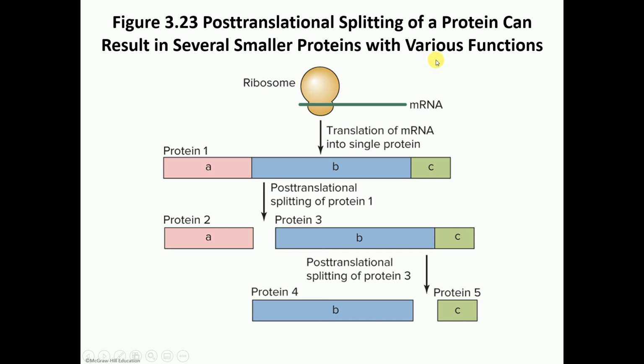A lot of our proteins are made as bigger inactive proteins, and in order to activate them, we have to split them to remove the part that is making them inactive, keeping the rest in the active form.